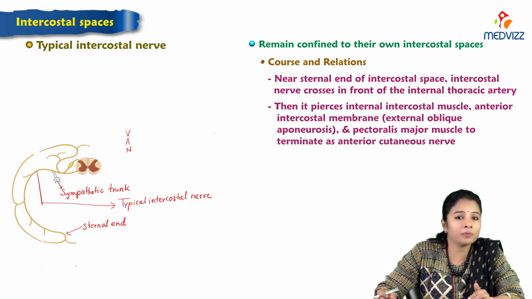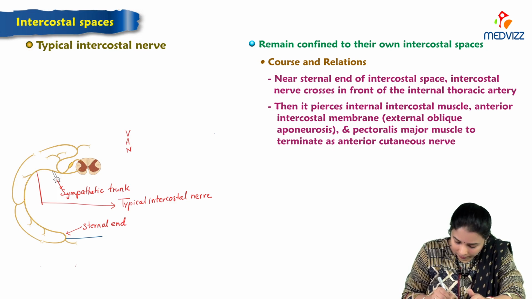Anterior intercostal membrane is the aponeurosis which is formed by the external oblique muscle. So just now we discussed external oblique muscle continues anteriorly as anterior intercostal membrane. Okay, and it also pierces the pectoralis major muscle which is present anteriorly in the chest wall to terminate as anterior cutaneous nerve.